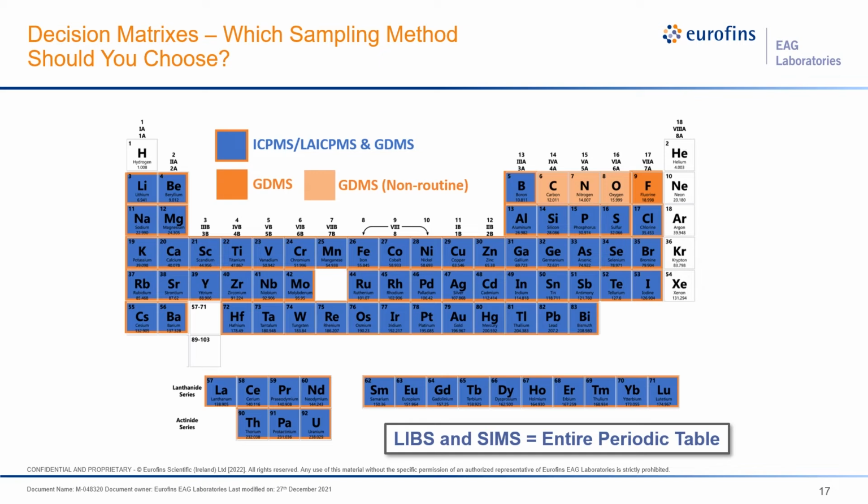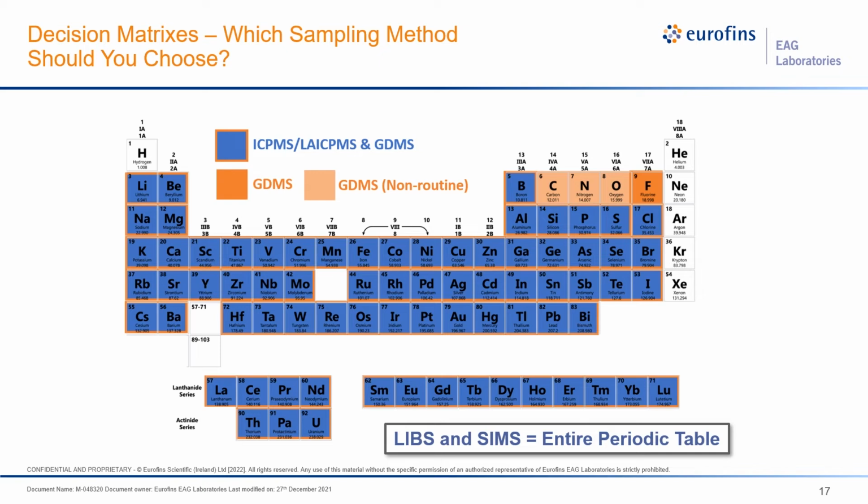GDMS, however, can cover all elements except noble gases, with the carbon, nitrogen, and oxygen done in special cases. ICP-MS and laser ablation ICP-MS can cover most elements apart from atmospherics, such as carbon, nitrogen, oxygen, and hydrogen, and the noble gases.